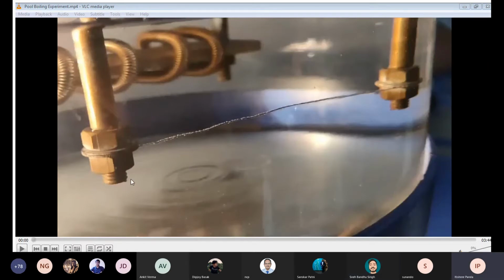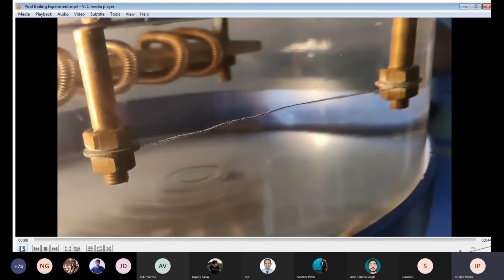So this is where our thin wire is. When you keep on heating it, these bubbles will form.